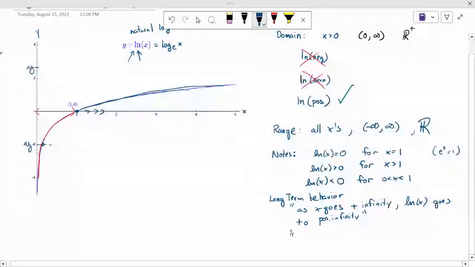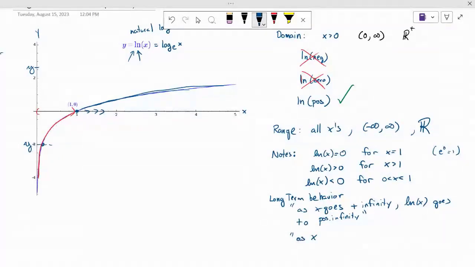However, we could consider what happens as x approaches 0. And just to be completely legitimate, because log only exists to the right of 0 for positive x's, you can say as x approaches 0 from the right. Again, a distinction you'll soon see: x approaches some number from the right, from the left, and you want to describe the behavior of your function. So as x approaches 0, log x does what?